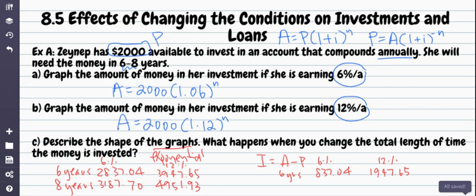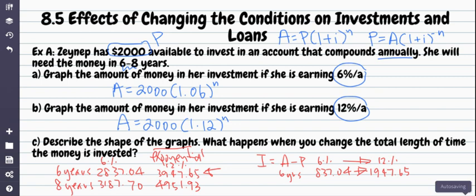I'm just taking these numbers and subtracting 2,000 because the original amount was 2,000. So you can see that this is more than doubling the amount of money, even though the interest rate is just doubled.